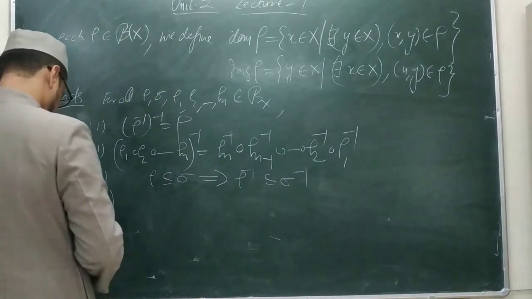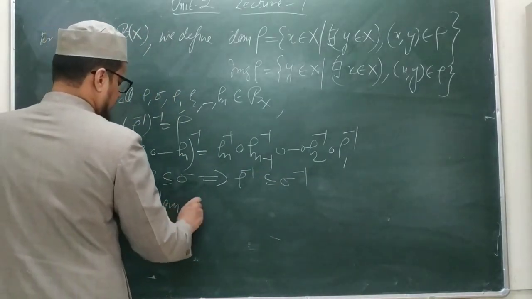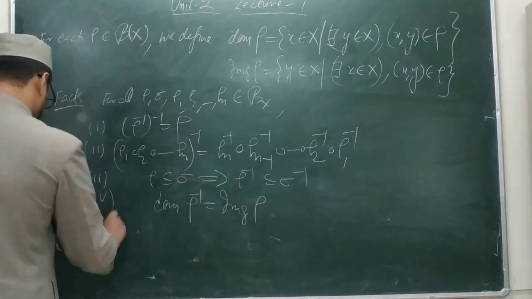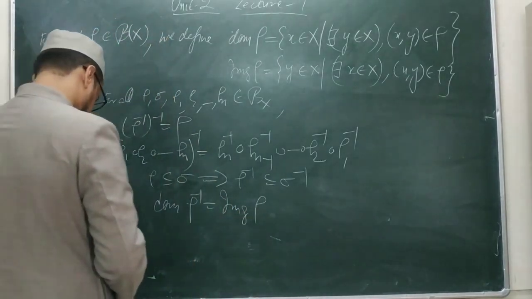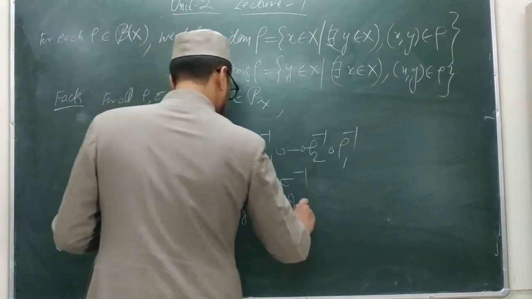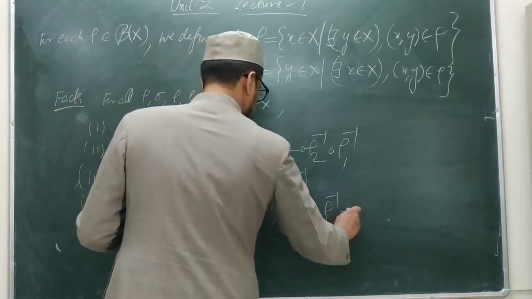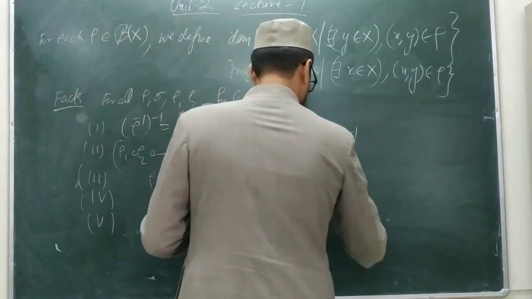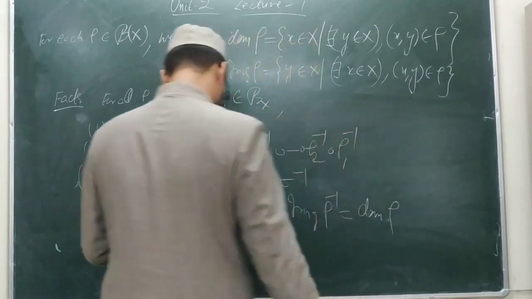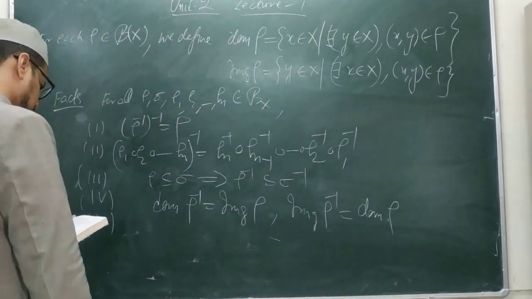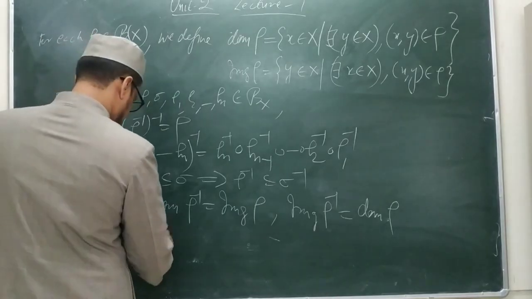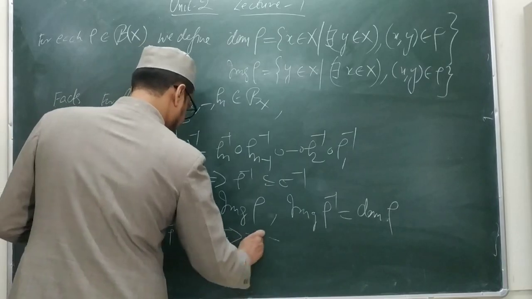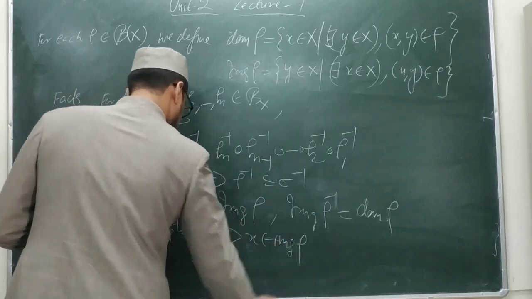Fourth, domain of rho converse is equal to image of rho. Fifth, image of rho converse is domain of rho. And x converse of rho non-empty implies x belongs to image of rho.